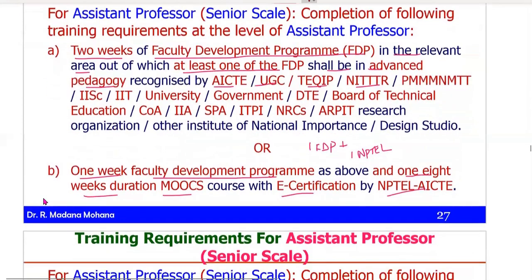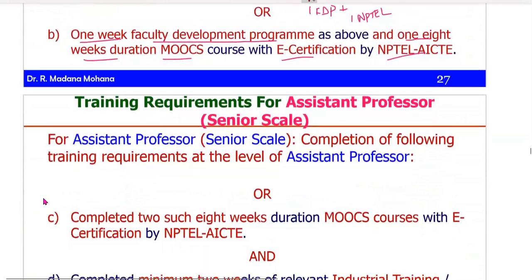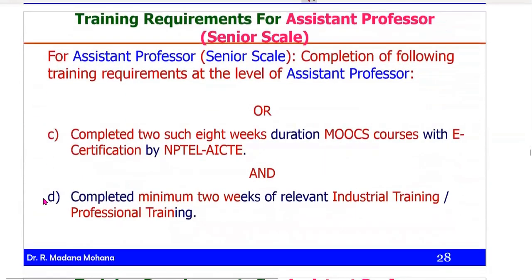So A or B. Next, you have another condition, C: completed 2 such 8 weeks duration MOOCs courses through NPTEL AICTE. The previous B condition is one week FDP and one 8 weeks NPTEL AICTE certificate, or 2 8 weeks NPTEL AICTE certificates.